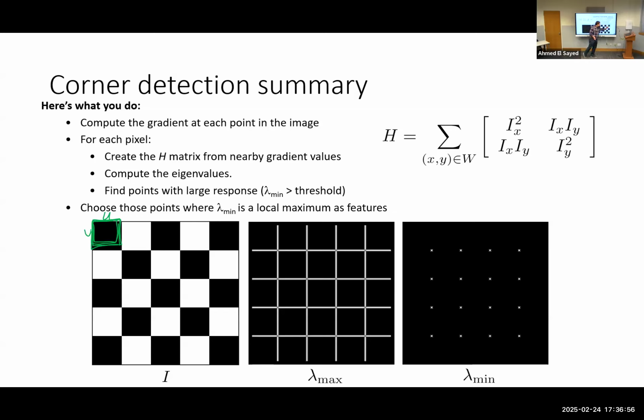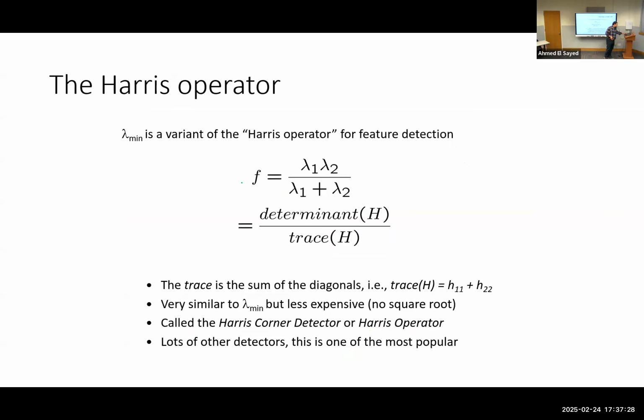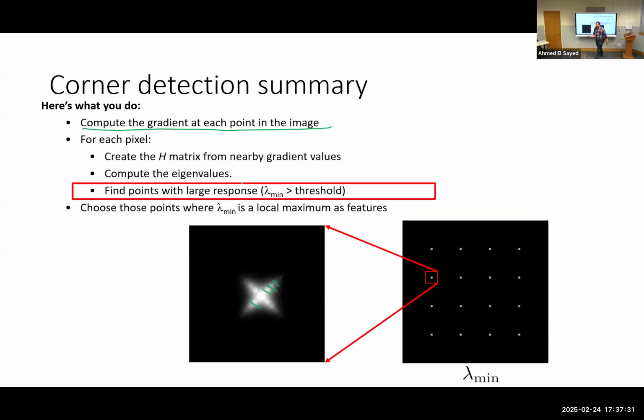Then for this window, I'll calculate the H. For this H, I'll calculate the eigenvalues. And we'll take the minimum eigenvalue for the H and compare it to the threshold. If it's bigger than the threshold, it's a corner. If it's lower than the threshold, it's not a corner. Is this clear?